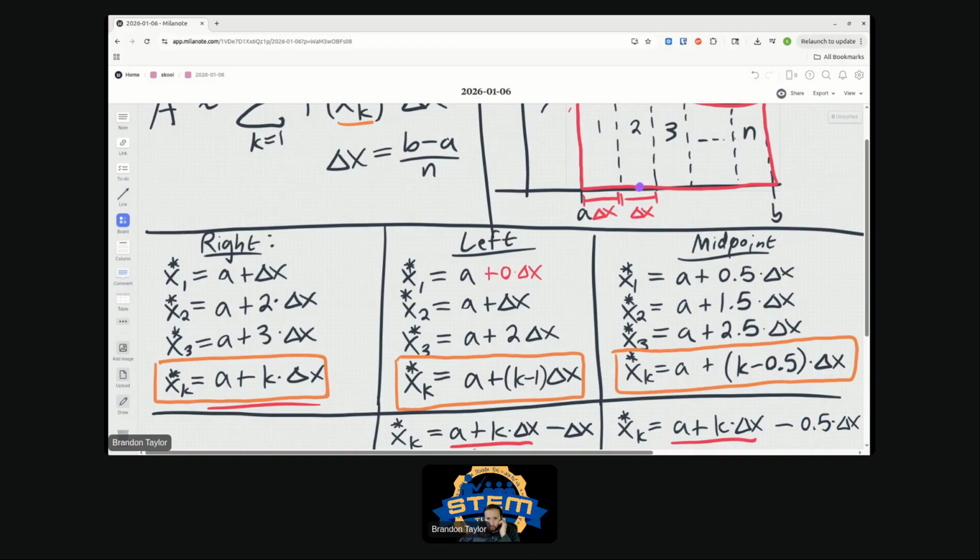So you can make up your own rules to do anything. You can make up a rule that says, how could I have a formula that makes me pick a third from the left in every partition? Well, it would just be a plus and then k minus 0.67, the way we're looking at it. This is the right Riemann sum, and you would have to back up not 0.33, because remember, you'd be backing up from the right.